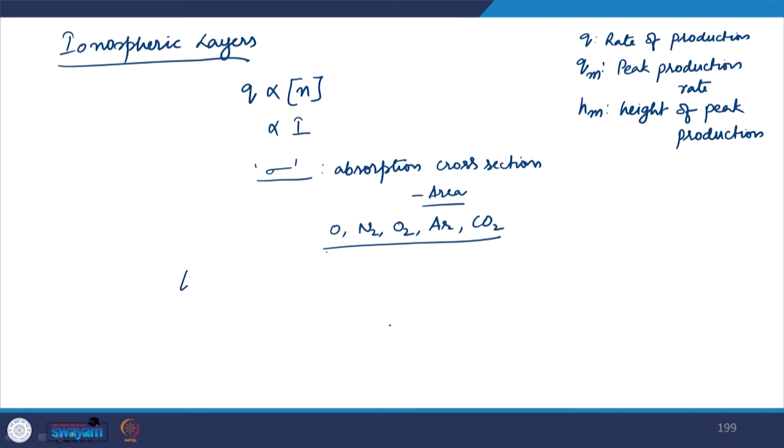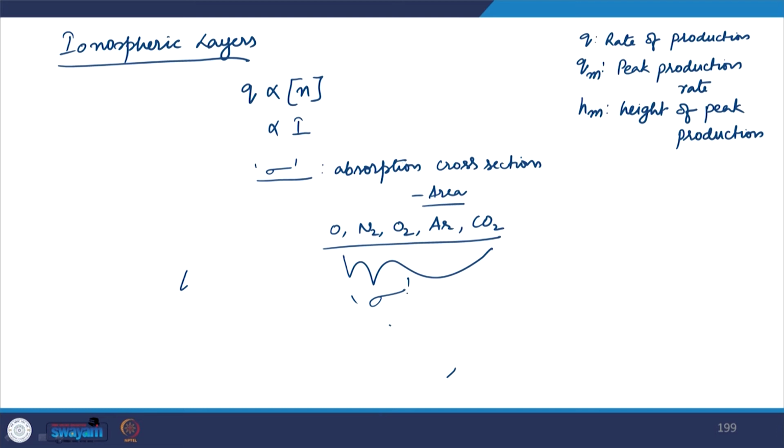So the rate at which a photon can be absorbed by these species will obviously be different. Why is it different? Because the interaction happens as a function of the distance or the size of the atom or molecule. So we are going to say that sigma is the cross section, which is assumed to be the same for all the atoms.